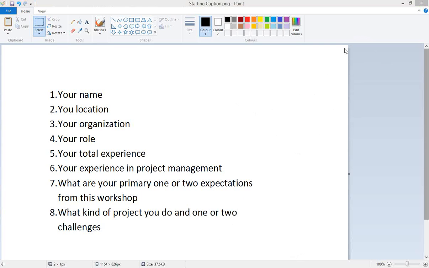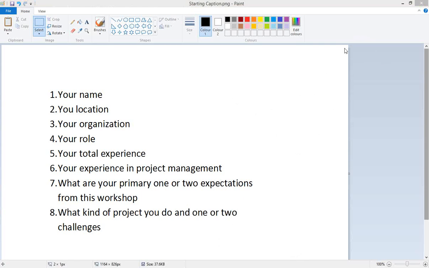My expectation basically is, although I have been a project manager for the last 10 years, I don't have the certification as such, which is critical in today's world because generally companies are looking for PMP certification. That is one thing why I joined this.